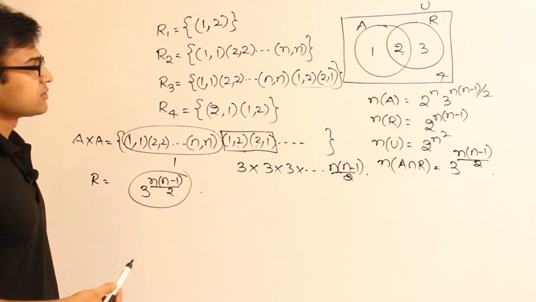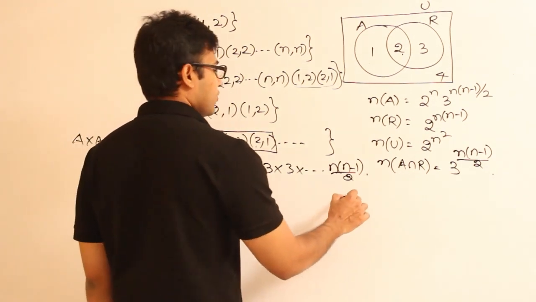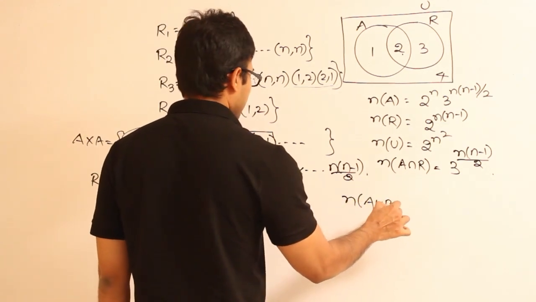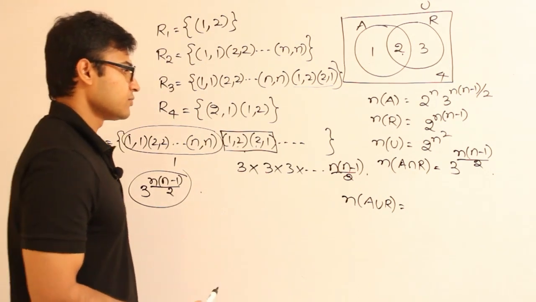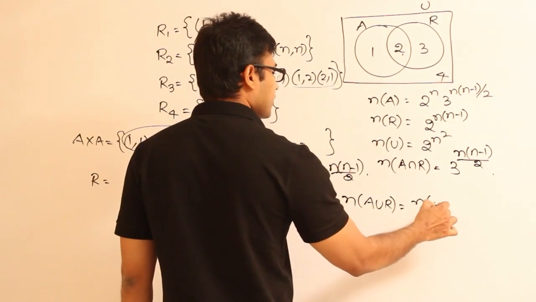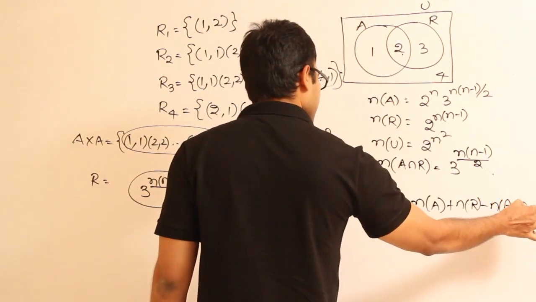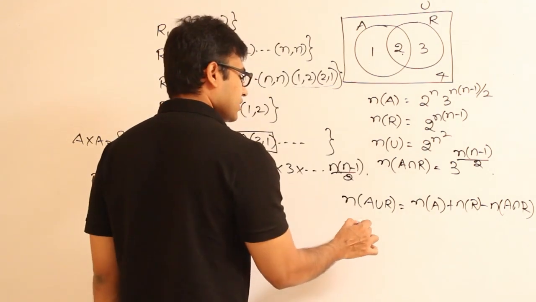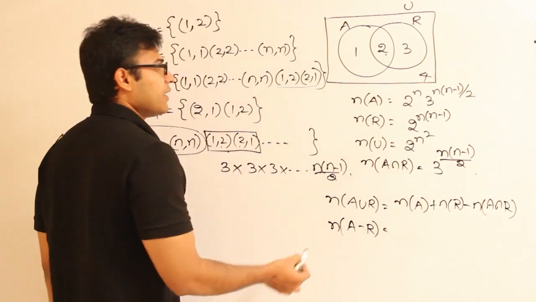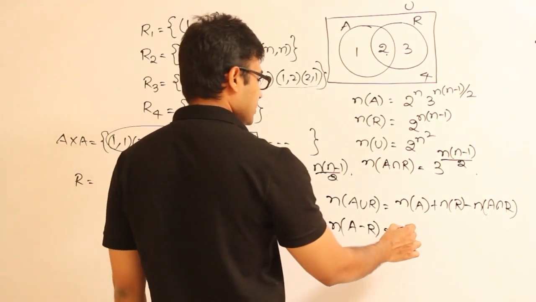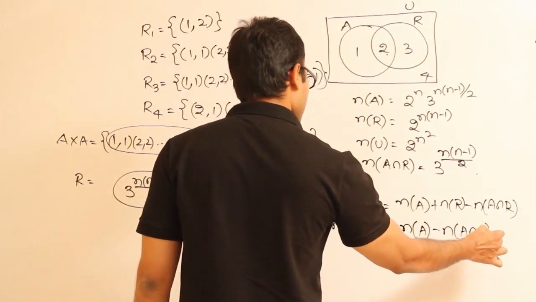Okay, now using these 4 we can derive any question, right? If they are asking about n of A union R, which means find the number of relations on A which are either antisymmetric or reflexive, it is nothing but, from this diagram we can see that it is n of A plus n of R minus n of A intersection R. Similarly, if the question is about the number of antisymmetric relations which are not reflexive, then they are talking about region 1, which is nothing but n of A minus n of A intersection R, right?